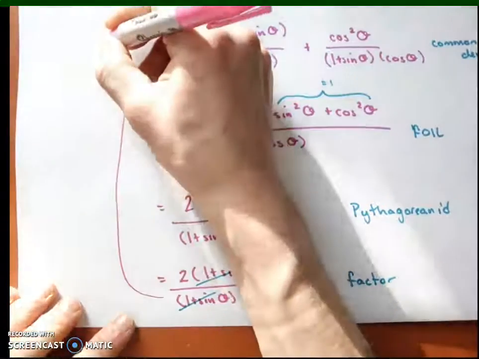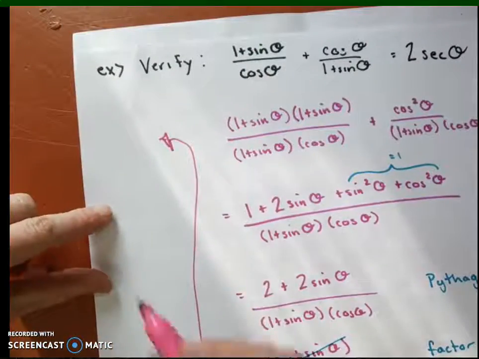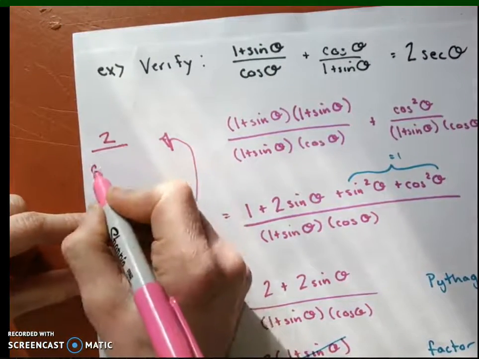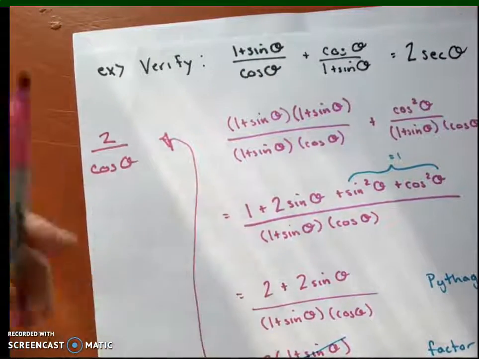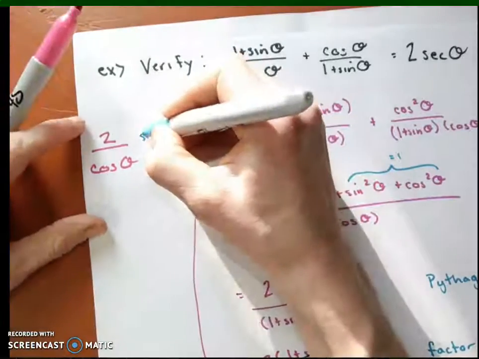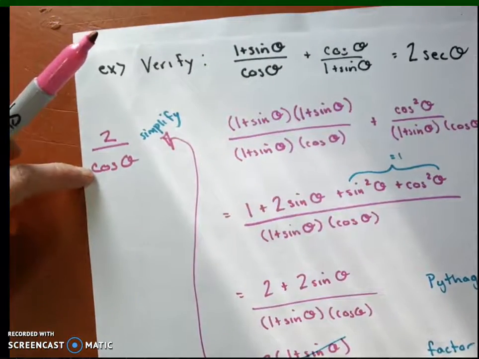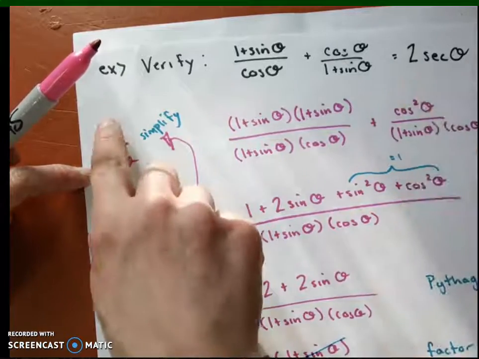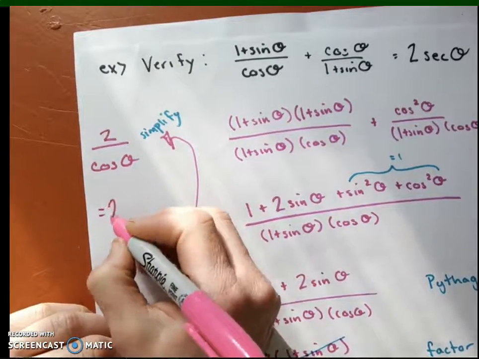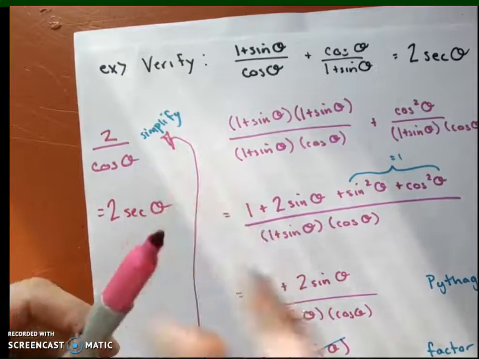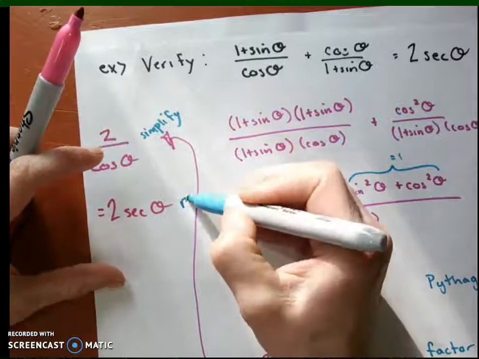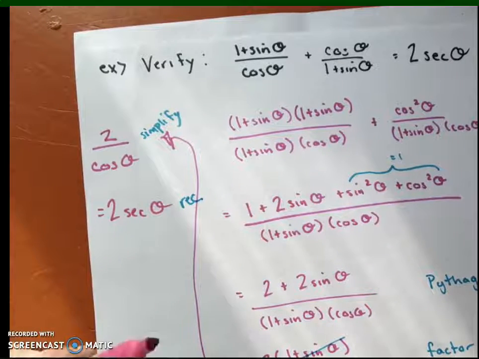Let's take it up here. I end up with 2 cosine theta by simplifying. And notice 1 over cosine theta is the same as secant, so then I multiply that by 2, and I get 2 secant theta by the reciprocal. And I'm done.